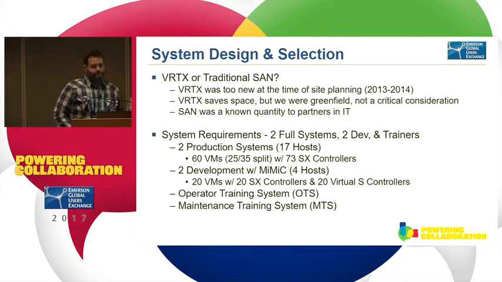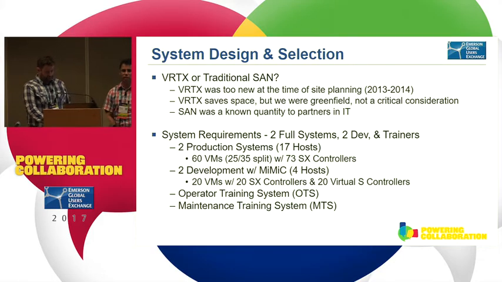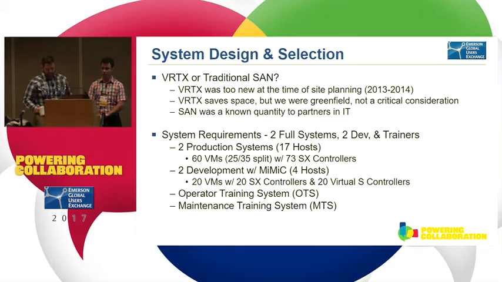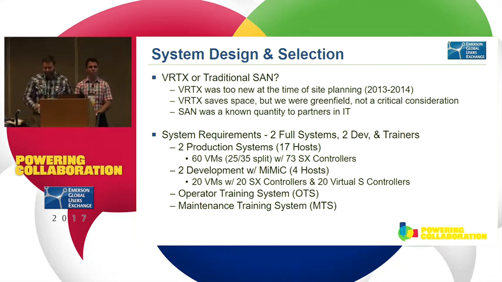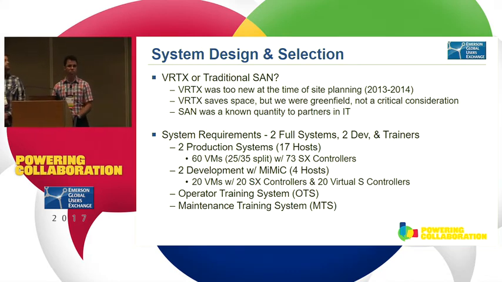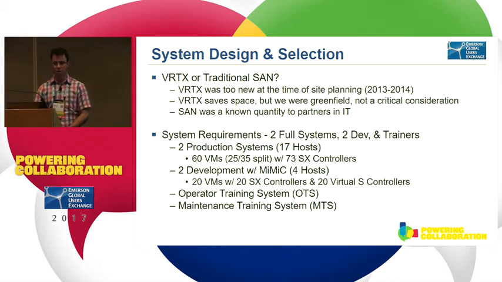Next. Oh, next, yeah. Okay, so the system design and selection in our project started from the very early stage. At the moment that we did our selection for virtualization, the Vortex solution was not available yet, so we chose to have Sun with a host server.